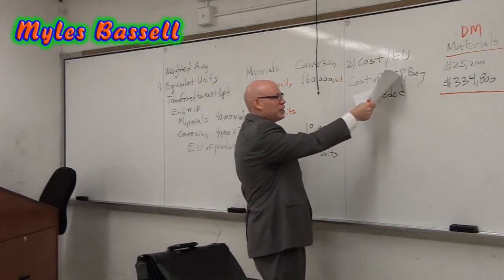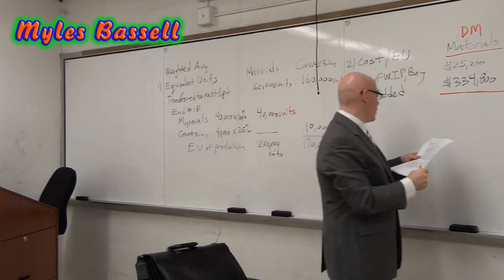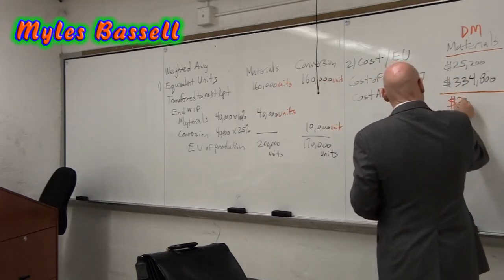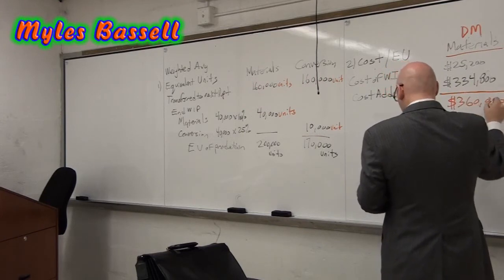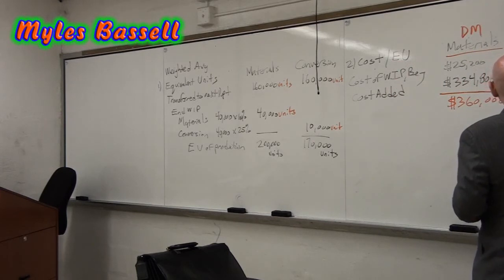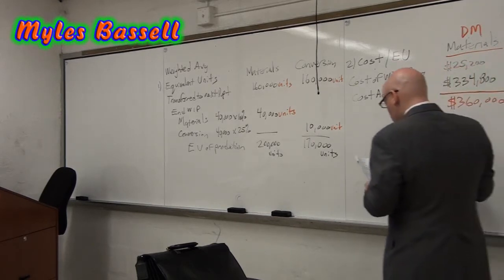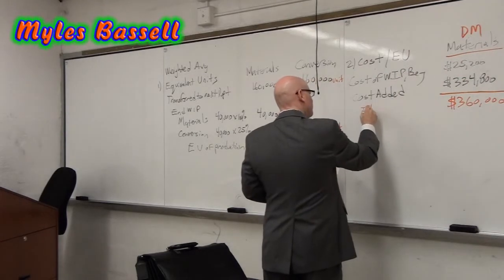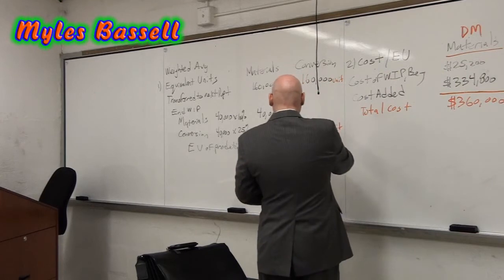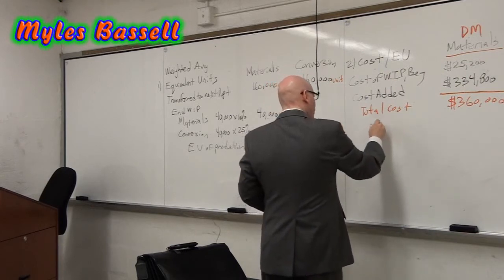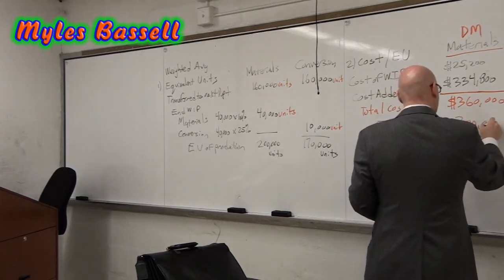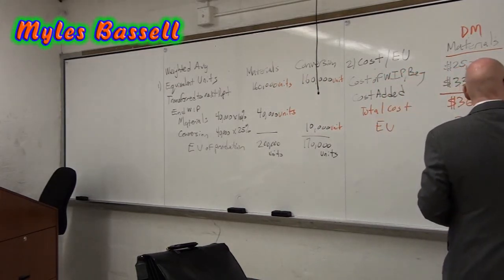And this is the partially completed goods. So how much is this? What is the total? Now we already calculated the equivalent units, which is 200,000 and 170,000.